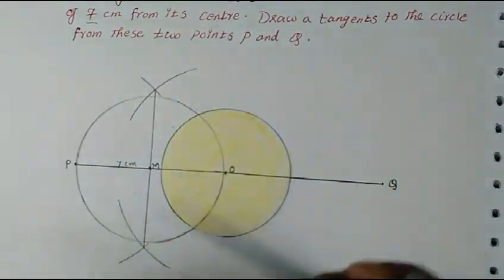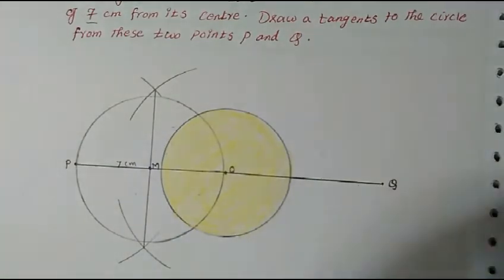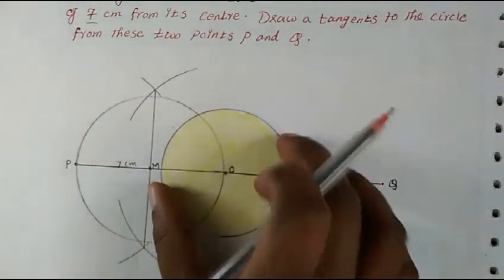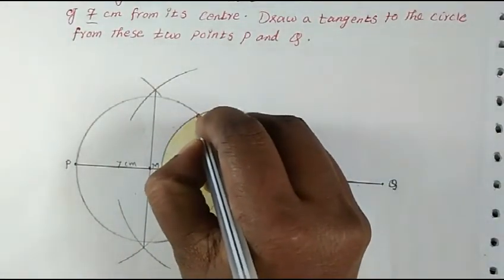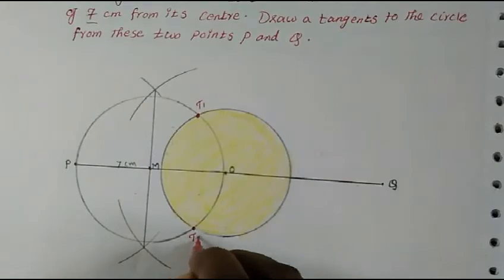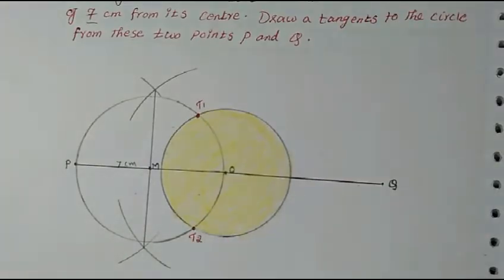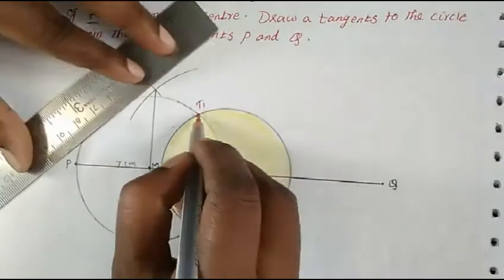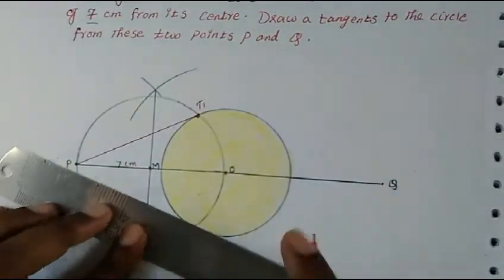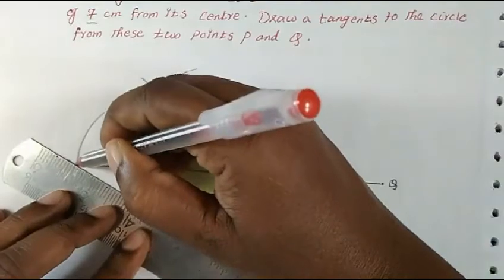So same way we have to draw this side also, but before that let us name this. This circle is intersecting the original circle at this point. So this is tangent 1 and this is tangent 2. So let's join this tangent 1 and then tangent 2.